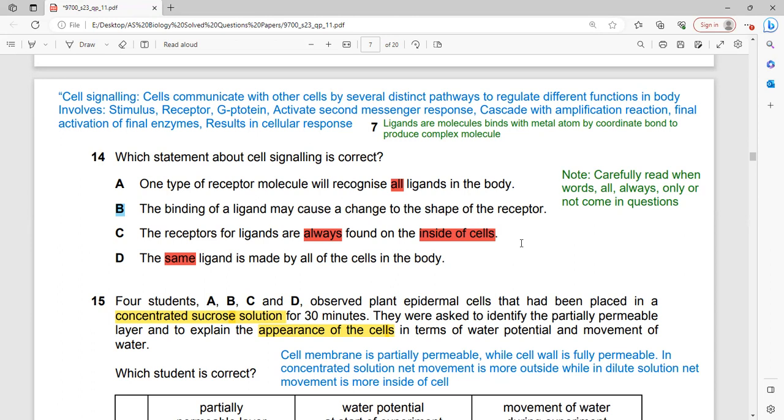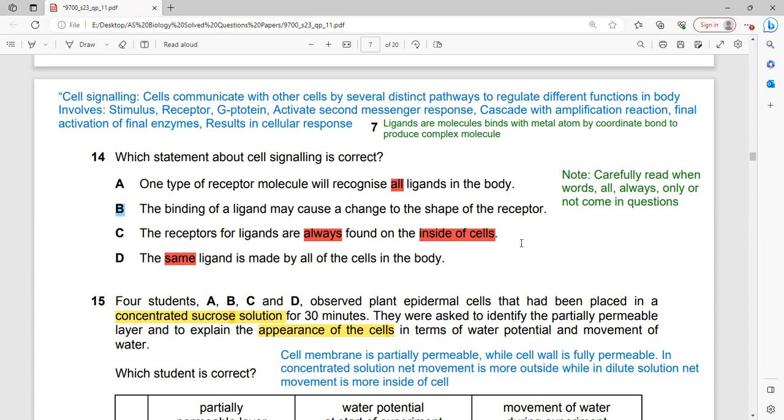Second, the binding of the ligand may cause a change to the shape of the receptor. So the change to the shape of the receptor after binding to the stimulus, that's possible. In this way, the receptor will change its shape to activate the G protein. So this is a correct statement. Now, the receptors for the ligands are always found on the inside of the cell. So the word always is wrong.